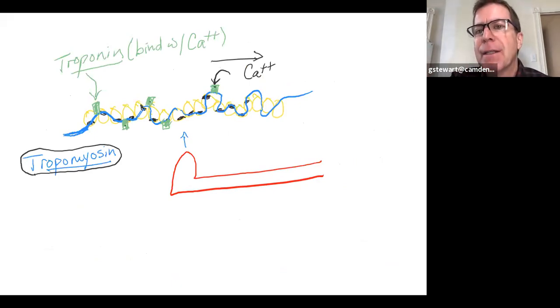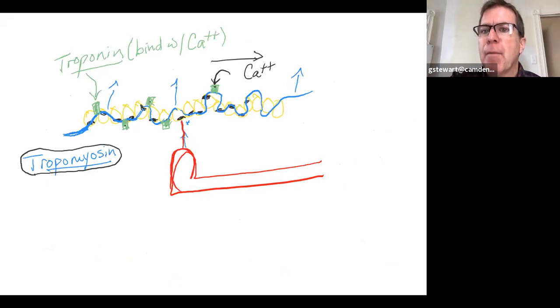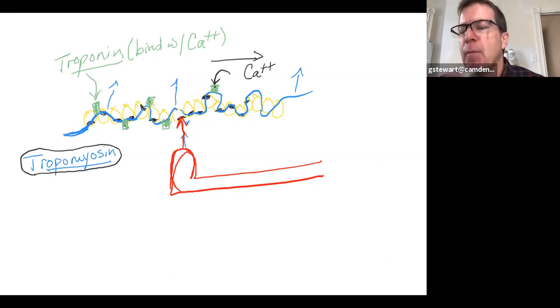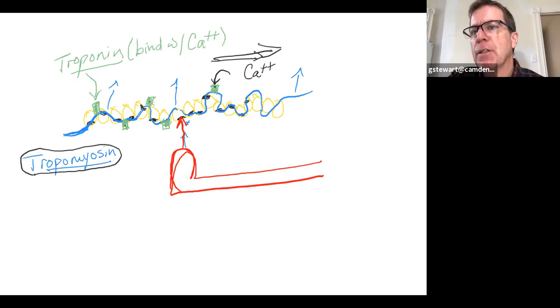And that binding process lifts the blue grapevine off of the actin molecule so that our binding sites are now exposed. I left one exposed right here so that the myosin molecule, it's called the myosin head, like the head of a golf club, reaches up and can bind now to the actin molecule and pull it this direction.